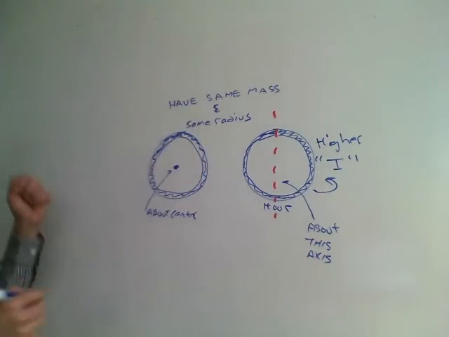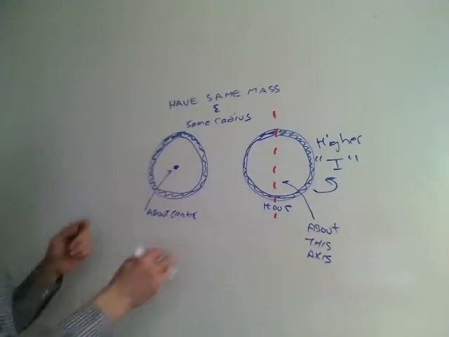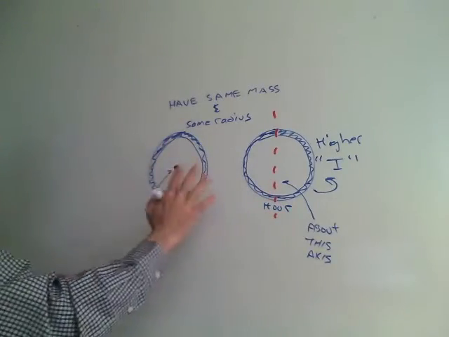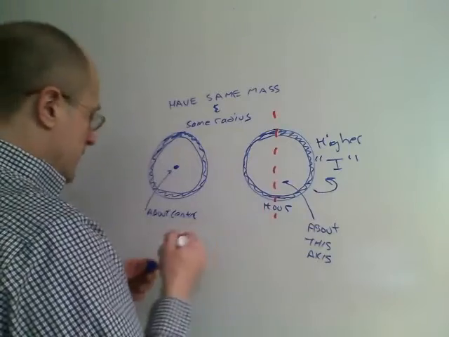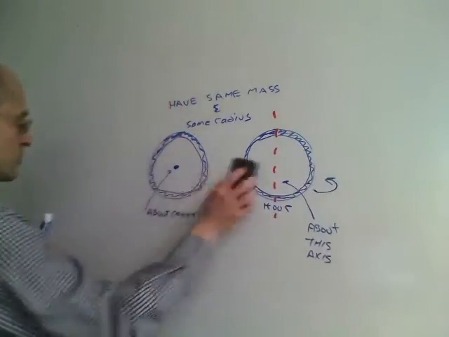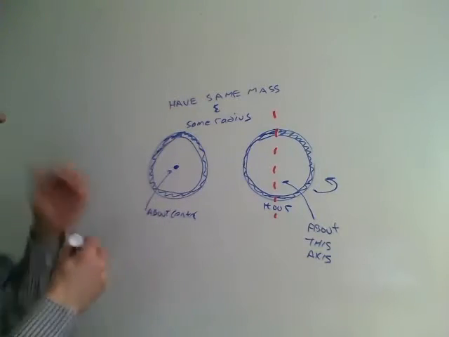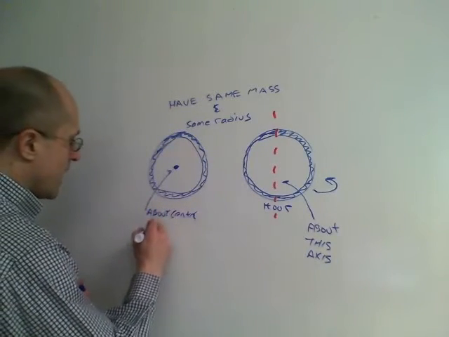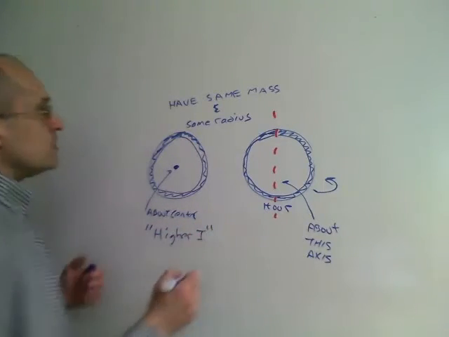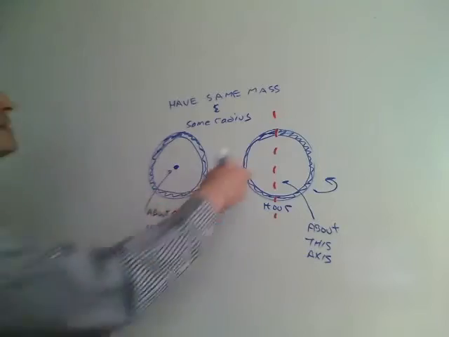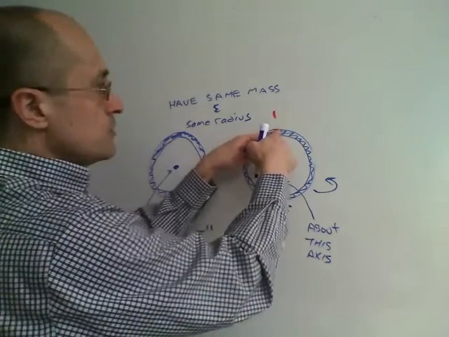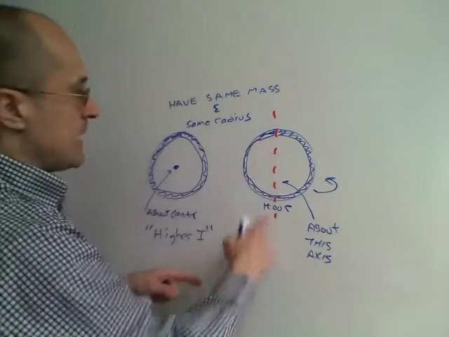Well, using our thought process from before, because we're changing the rotation axis and where we're rotating, when we compare these two hoops and how we're rotating them, this one has the higher I. Now this one has some of the mass closer to this rotation axis.